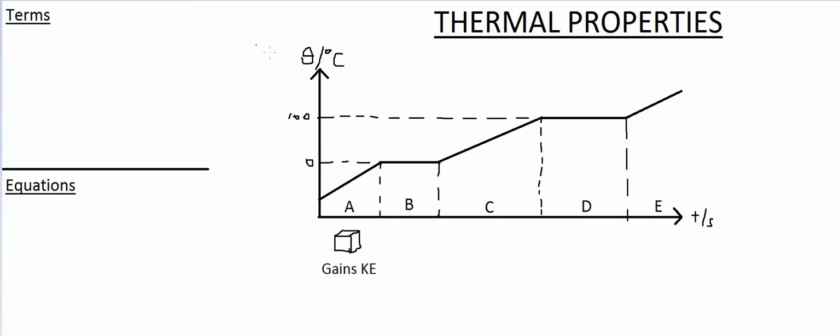So for region B, it's basically the same ice cube. It's starting to melt.